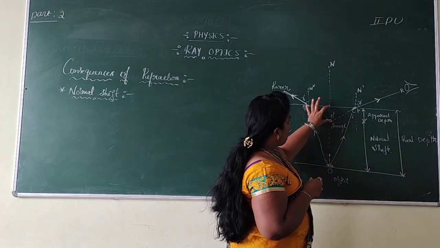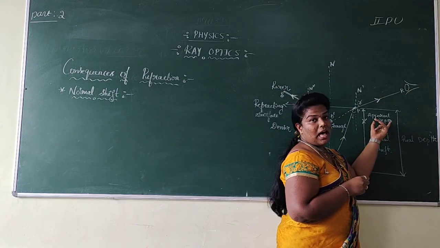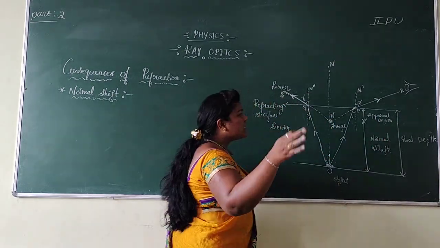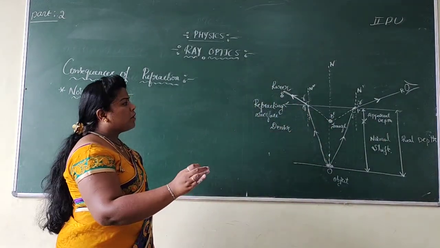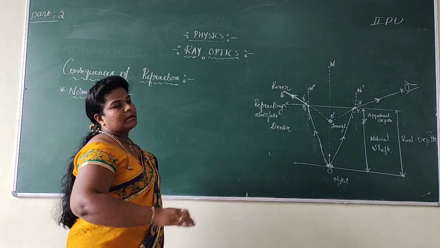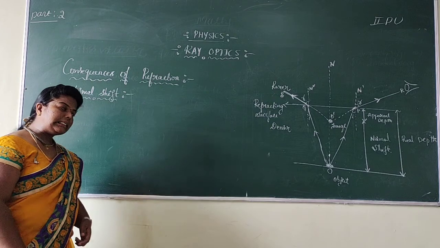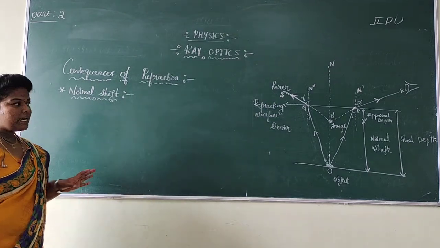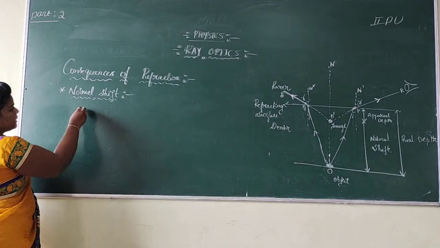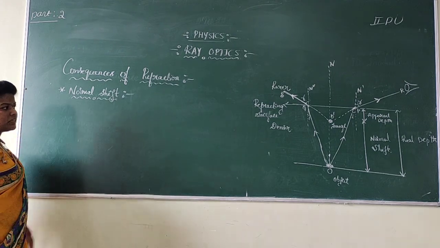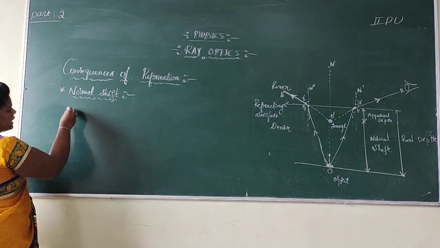Whereas the distance between the image of the object and the refracting surface is the apparent depth. It means it is not the real position of the object, but it appears at that position due to the refraction of light. That is said to be the apparent depth. So my dear students, I am representing it here. So let us define what is a normal shift, what is apparent depth, and what is real depth.